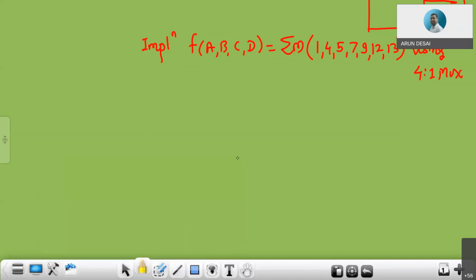But in the question, you need to implement the given expression by using a 4 to 1 mux. For that reason, you need to reduce the given expression.